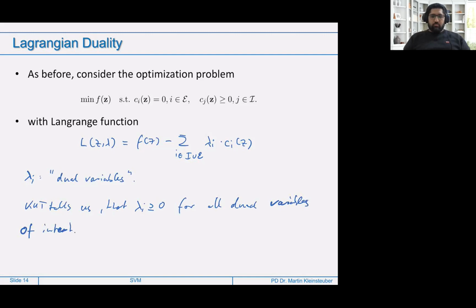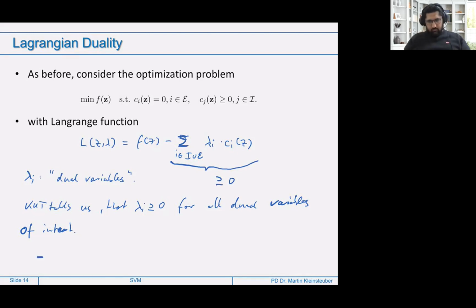That's good, because if we restrict to all sets of lambda i that are non-negative, we can see that for all non-negative lambda i and for all feasible solutions z, this part of the story is also non-negative.